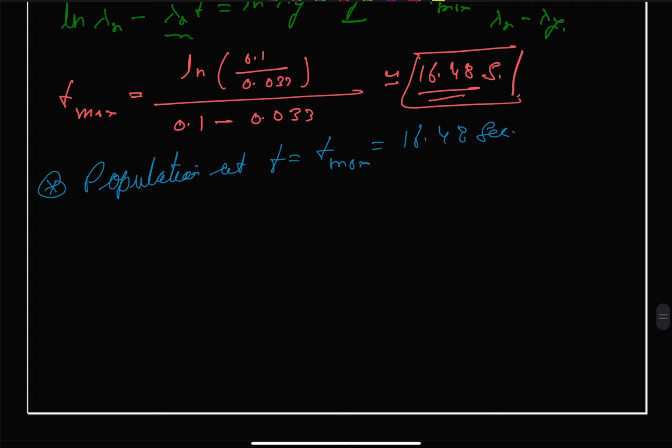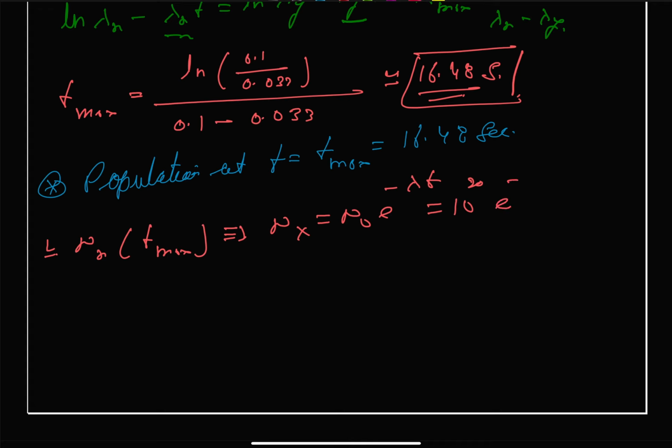So let's find out the value for x. We can say our nx at t max will be n naught e raised to power minus lambda t, and initially only n naught is present, so this is going to be 10 raised to power 20 e raised to power minus 0.1 into 16.48.